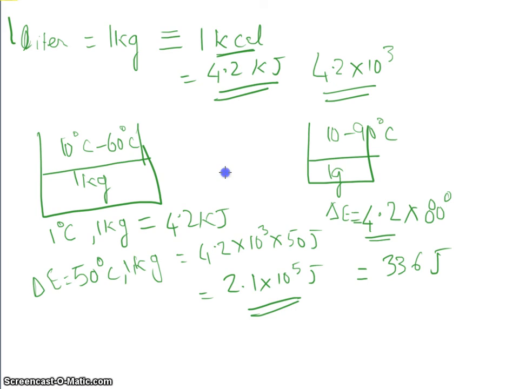Now, if I mix both these waters, how does the energy flow happen? First thing, the temperature. We know that the resultant temperature is going to be somewhere between 60 and 80, right? As I mix both of these.